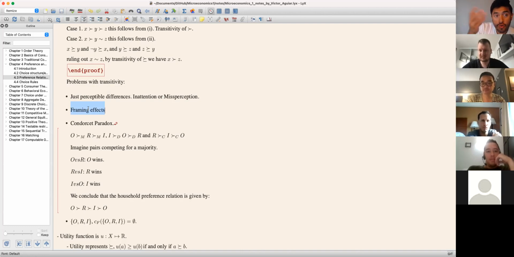But due to the frame, which is the list, you will end up picking other things. So that will change your preferences in ways that are not consistent with rationality, because the way I present the menu will change your preferences. Things that are presented first will be picked. So then I can generate intransitivities just by changing the list. So that's a classical example.